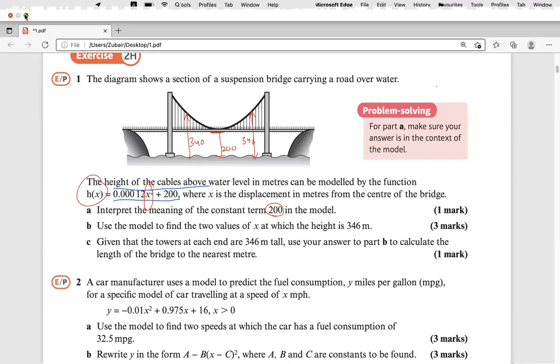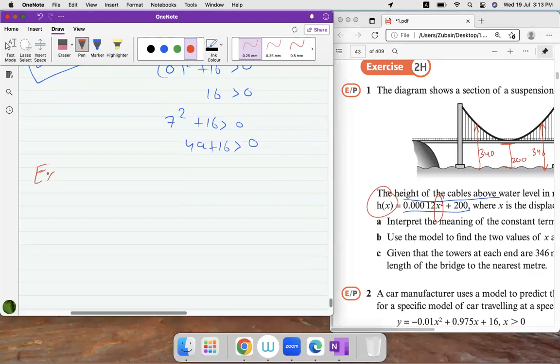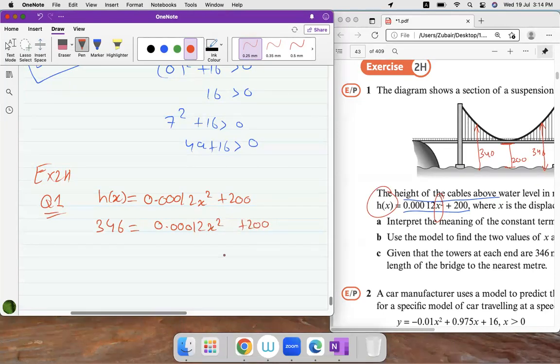So we'll substitute 346 here. h of x is equal to 0.0001x square plus 200. So 346 is equal to 0.0001x square plus 200. Now we are solving for x.